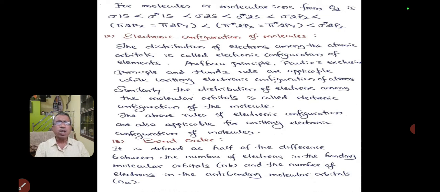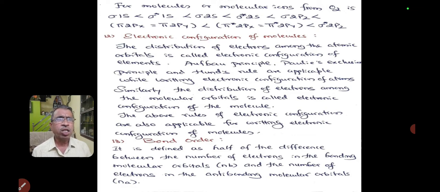Now let us study the electronic configuration of molecules. The distribution of electrons among the atomic orbitals is called the electronic configuration of elements. The Aufbau principle, Pauli's exclusion principle, and Hund's rule are applicable while writing the electronic configuration of atoms.